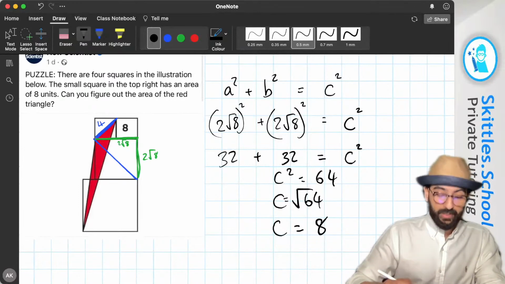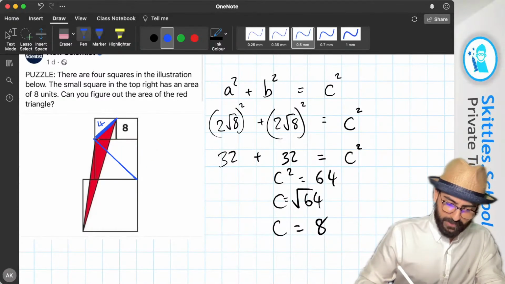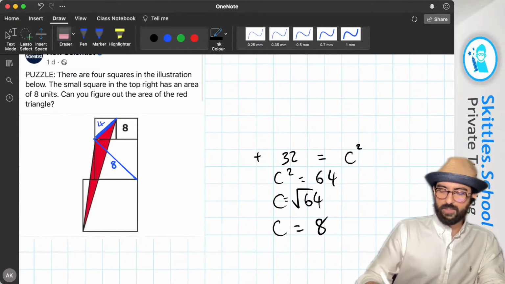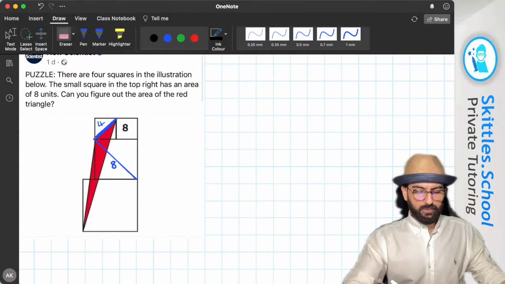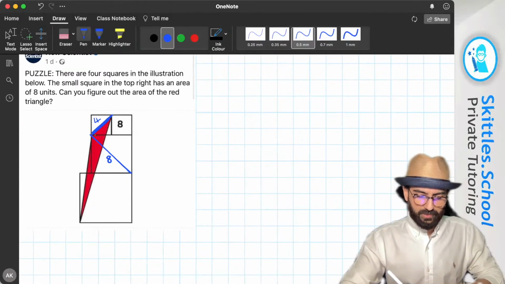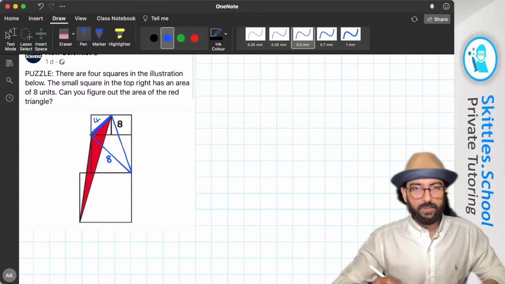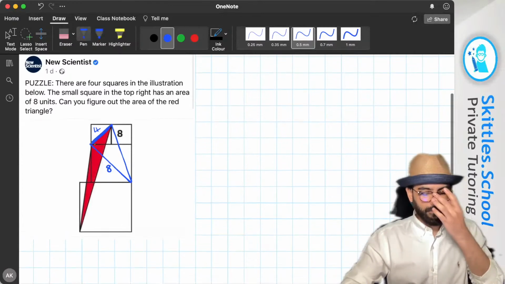So now we've got that perpendicular height. So now we know that's 8. Excellent so far. Now we've got the vertical height of the triangle, and that side is the same as the vertical height for the red triangle. If we work out the area of the blue triangle, that will give us the area of the red triangle because they're the same.